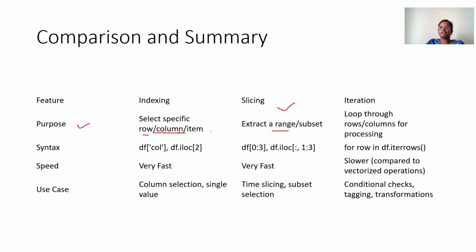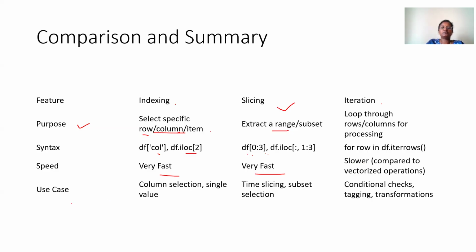If you want to loop through the rows and columns for processing, iteration. For the syntax, you can use df column, a particular column, or iloc. Here we have to set the range, 0 to 3, 5 to 1, 5 to 3 like that. And then speed: indexing will be very fast, slicing will be very fast, and iteration will be slower since we are comparing one by one.